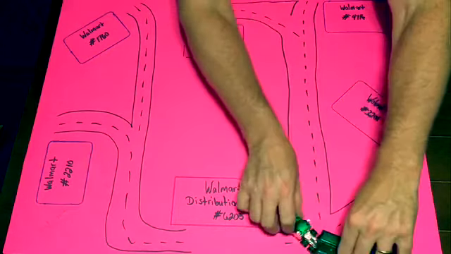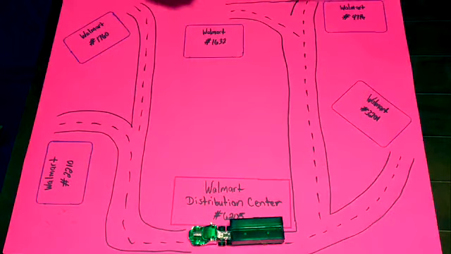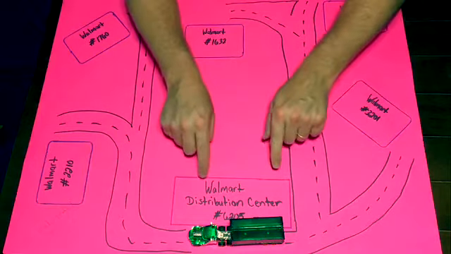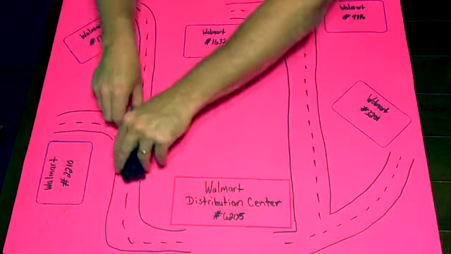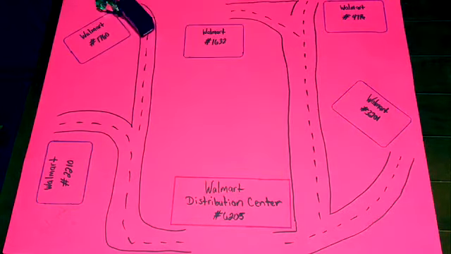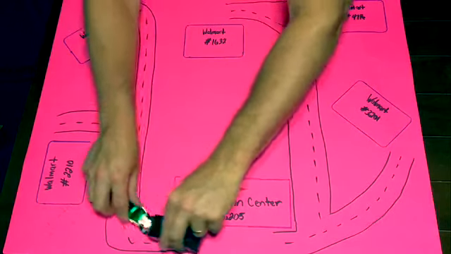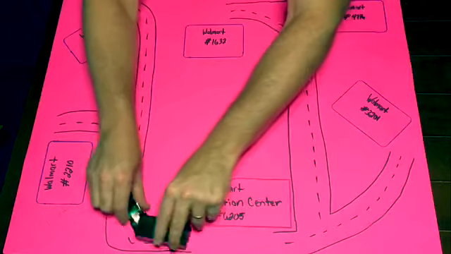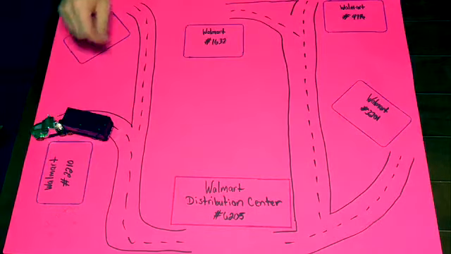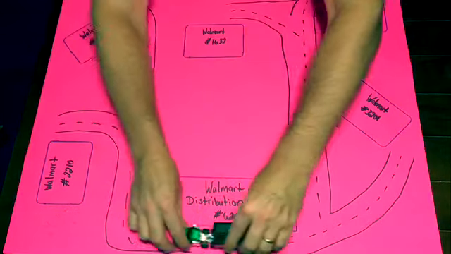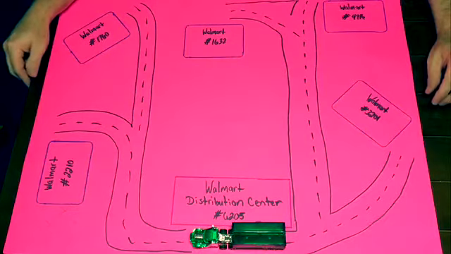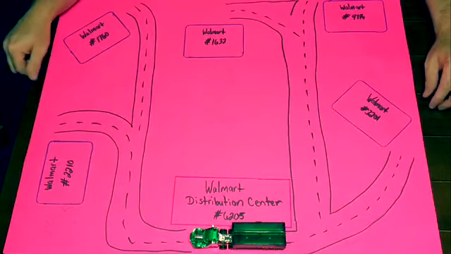This is how these products get to the stores. They all come from the distribution center, are put on trucks, and then are delivered to each of the stores in a certain area. And in this case, the 5 stores that I have for you here all accept their products or goods from this particular Walmart distribution center. And that's how it works.